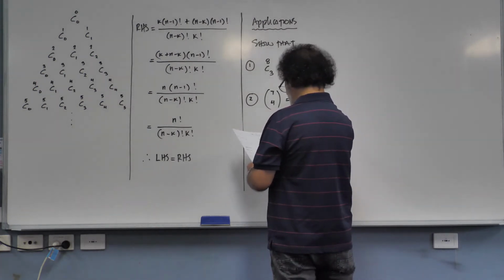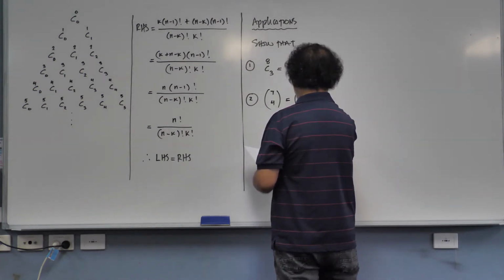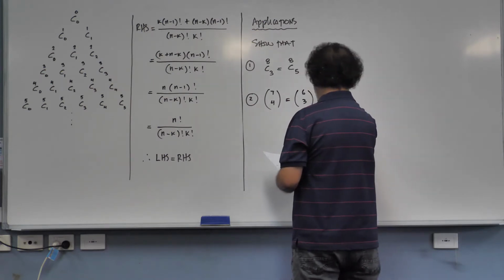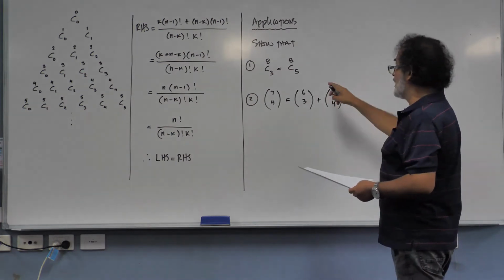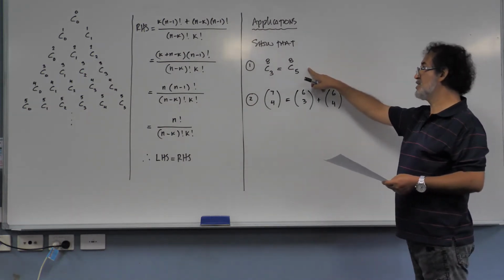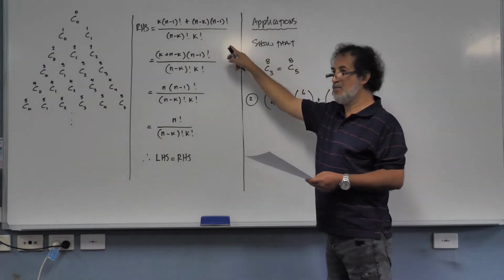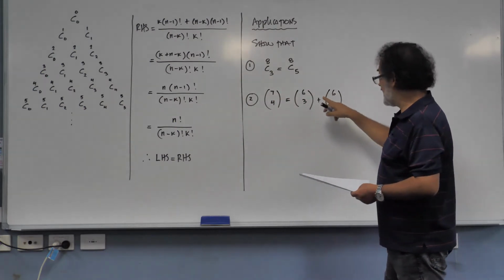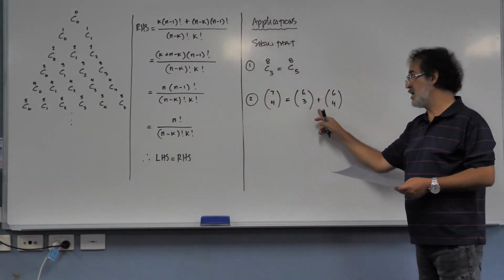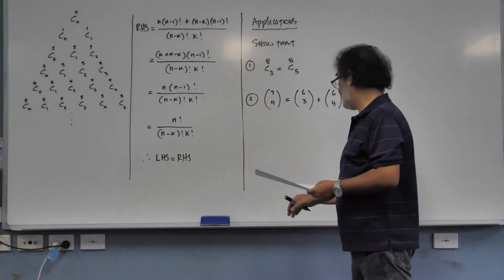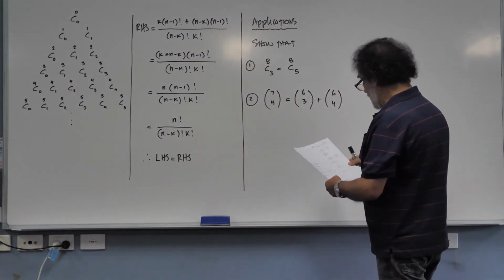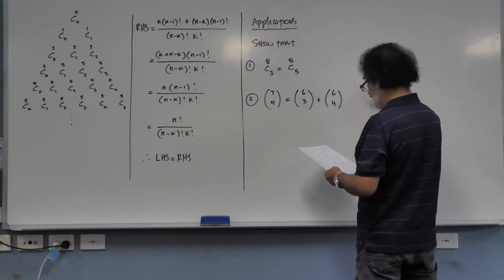This is an application of the second property that we did, and this is nothing more than an application of the last property that we did. So we're going to do this.